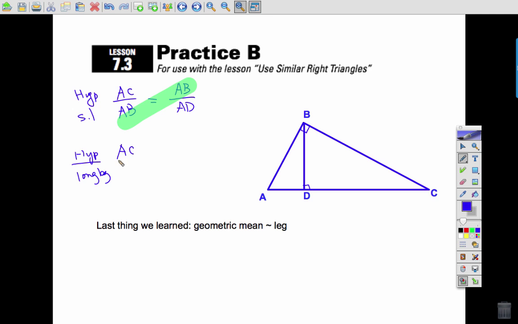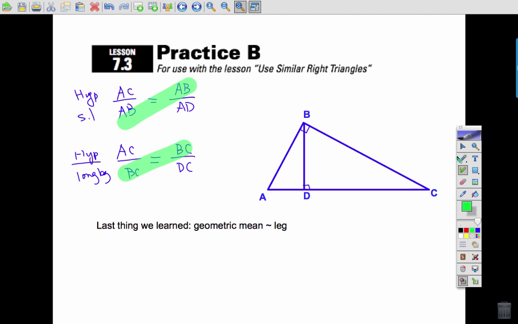The long leg in the big triangle is BC. Now, because it's the long leg, I'm going to look into the middle triangle. In the middle triangle, my hypotenuse is BC over my long leg in that triangle, CD or DC. Notice again, my BC, the long leg, is the geometric mean in this case.